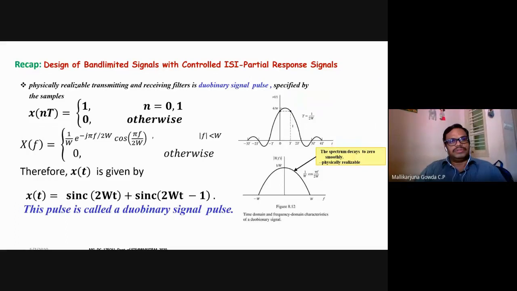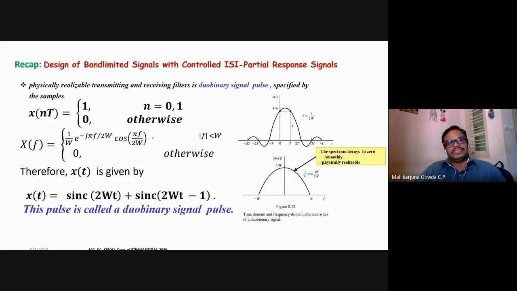So I was discussing the design of band-limited signals with controlled inter-symbol interference, that we call partial response signals. As I said, to meet the Nyquist criterion for zero inter-symbol interference, I told you about the raised cosine roll-off filter and three cases: when f is greater than 2W, when f is equal to 2W, and when f is less than 2W.